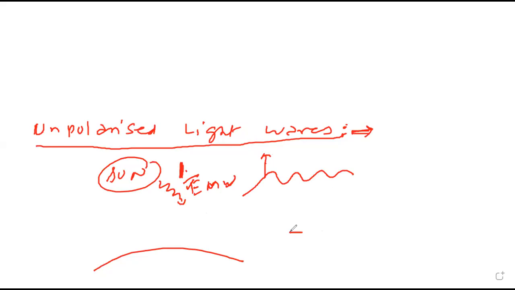Now suppose light waves are transverse waves traveling along the x-axis. So vibration of electric vector should be perpendicular to the x-axis. Can it be in the y direction? Yes or no? Can it be in y?